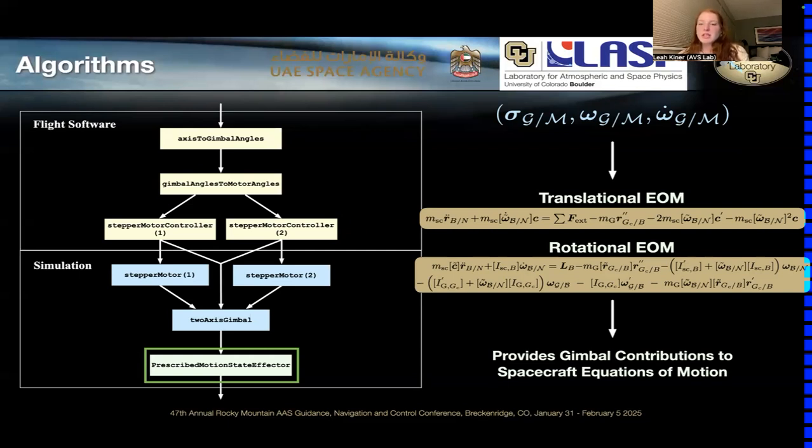And what that means is we can essentially feed the gimbal states in time into the right-hand side of these equations of motion. And then this module essentially provides all of those contributions, the mass properties, and the right-hand side of these equations back into the overall spacecraft equations of motion in order to simulate the contribution of the gimbal motion to the dynamics of the spacecraft.